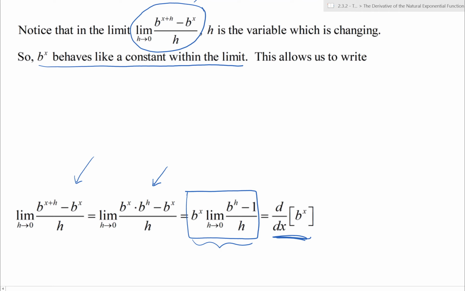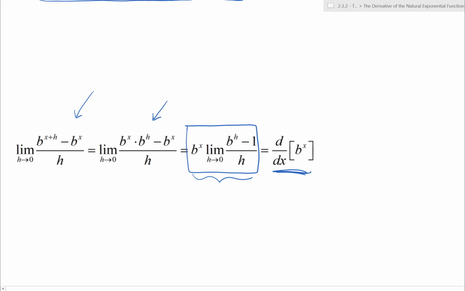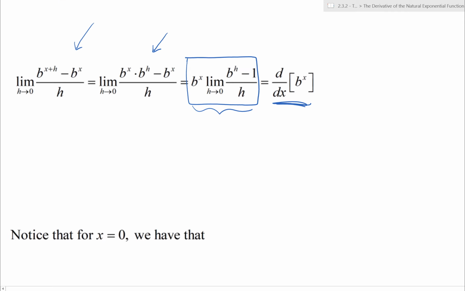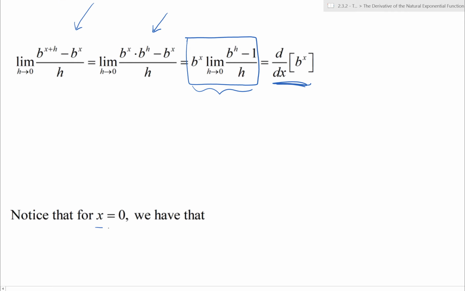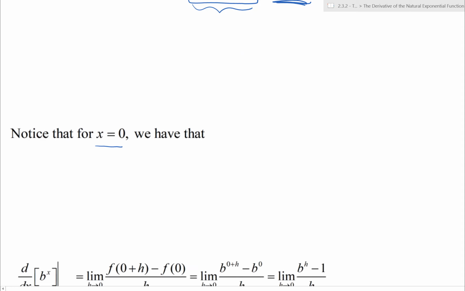Now you say, well, it still goes to 0 over 0 as h goes to 0, so how is that really going to help us? Well, that limit statement right there is going to really help us identify something specifically. Notice, if x is 0, within that limit, then what happens?